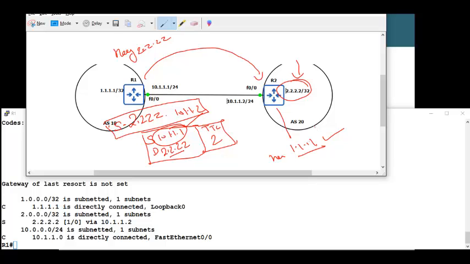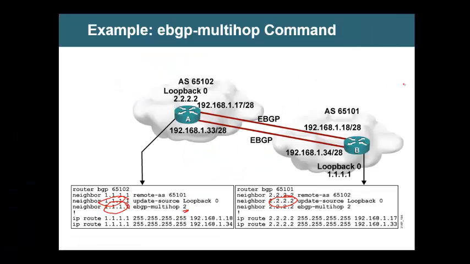What command? Come again? Need to change the neighbor statement, sir. You'll change the neighbor statement itself. No. We want to form neighbor using loopback. That we cannot change. Okay, if I want to change the source, we need to use the update source loopback 0 command, right? Yes.